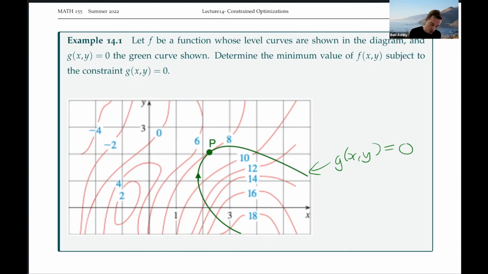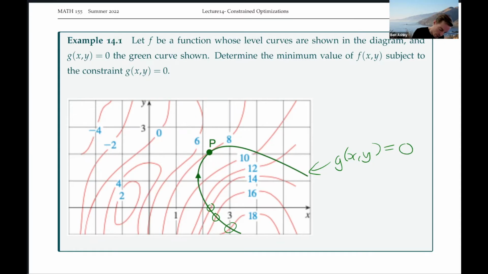We know from above that if we are crossing a level curve, like we do here, or here, or here, we can't have a maximum or a minimum value, because when we're on one side of the level curve we have a higher value, and on the other side we have a lower value.